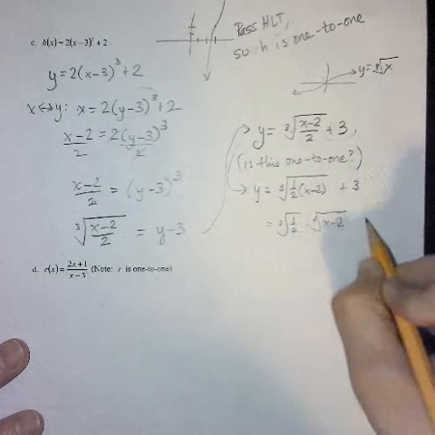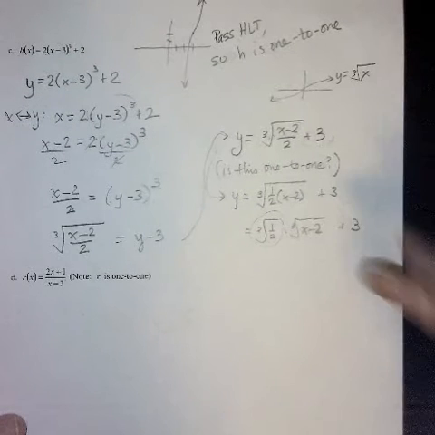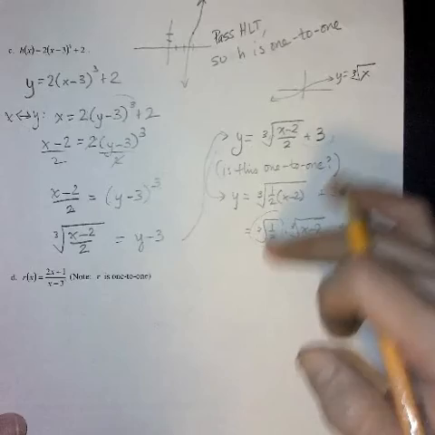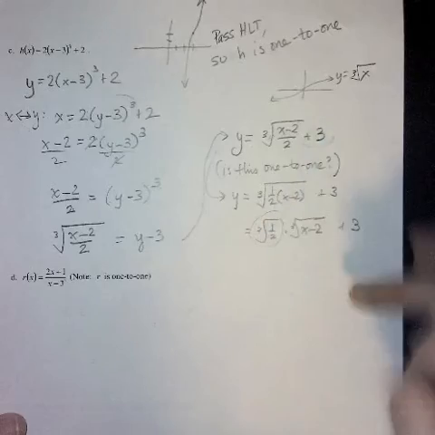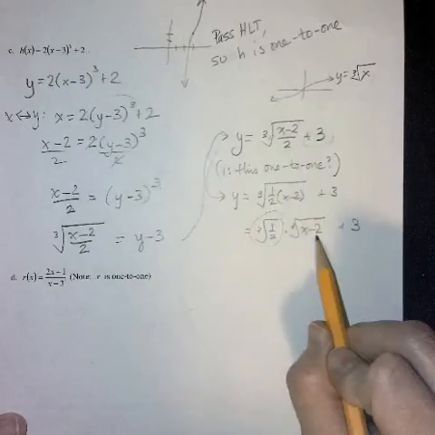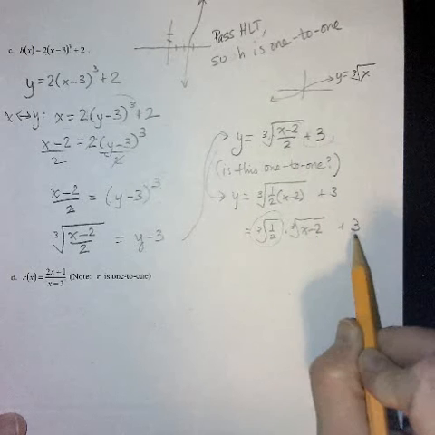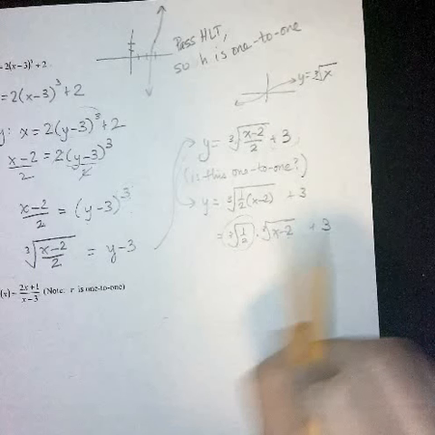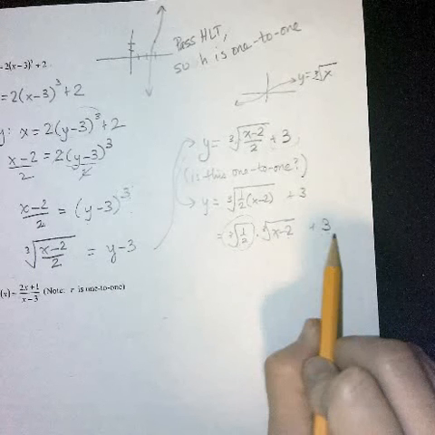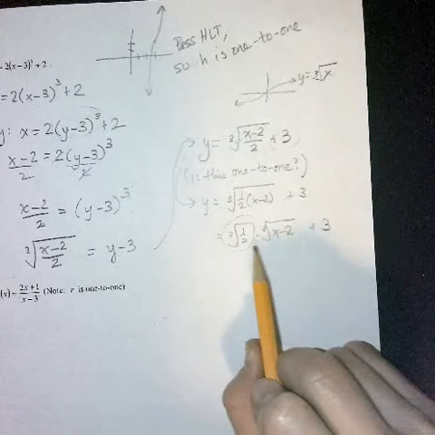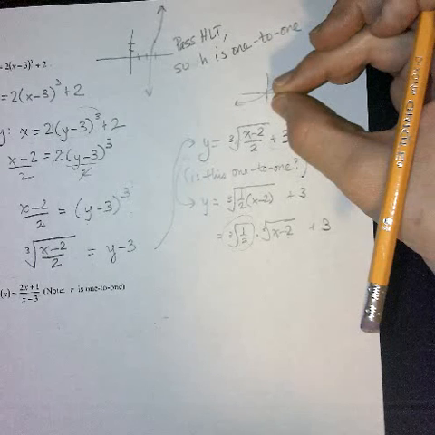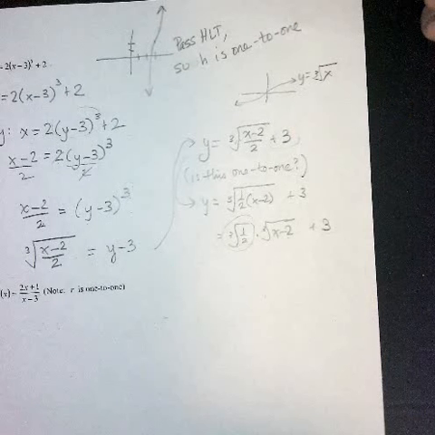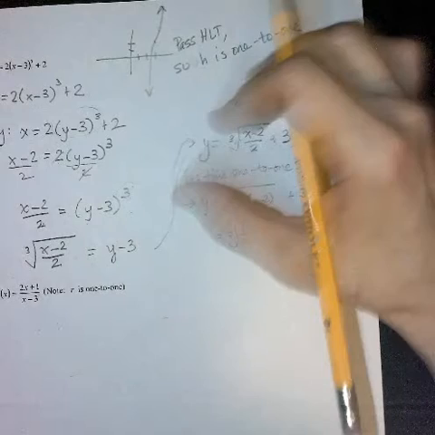And then think of this as a vertical stretch or compression. This shifts it 2 to the right, and this shifts it up 3. And so if you know the basic shape, you understand none of these things are going to change the fact that this is 1 to 1. And so this is 1 to 1.